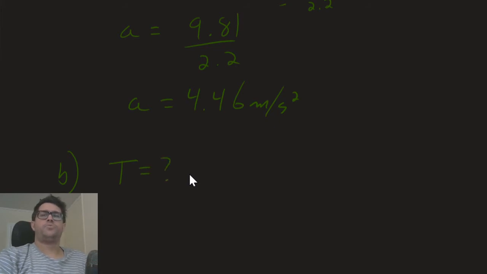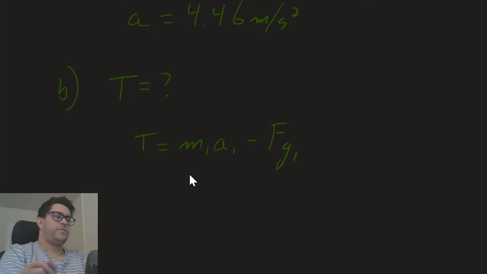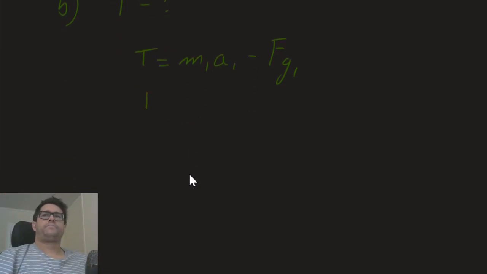And B, they asked for the tension. So we already have our units, we don't write them again. The tension was either one or the two that we had prior, right? So M1A1 minus FG1 was one of the formulas that we had to have T in this problem. So we will just replace 1.2 times 4.46 minus 1.2 times minus 9.81.